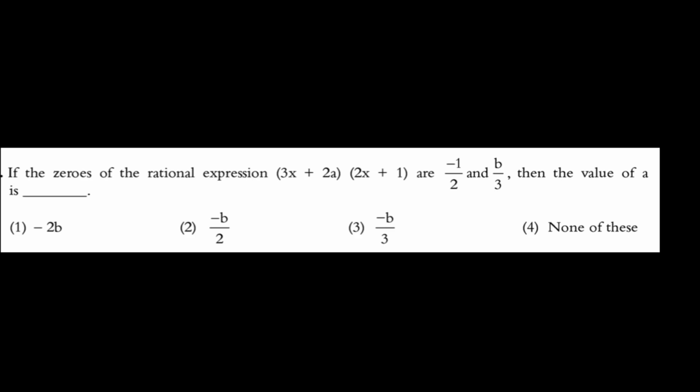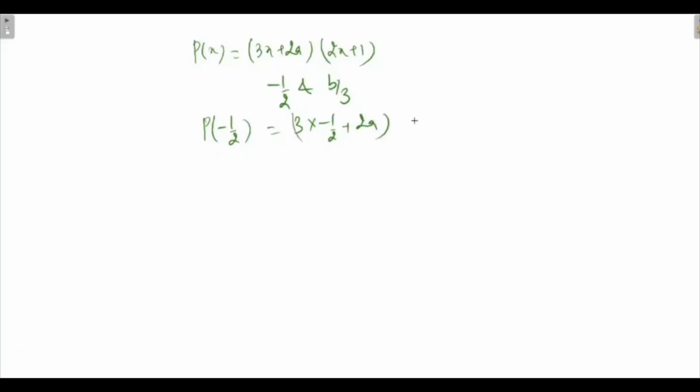Here they are saying that the zeros of this polynomial are minus 1 by 2 and b by 3. So what would be the value of a and b? What can we do? If we put x equals minus 1 by 2, what will happen here? 3 into minus 1 by 2 plus 2a into 2 into minus 1 by 2 plus 1, right?